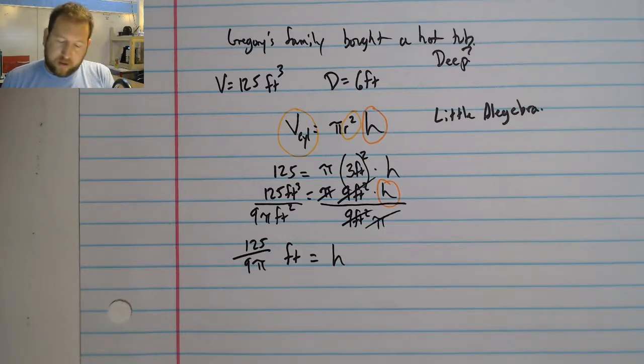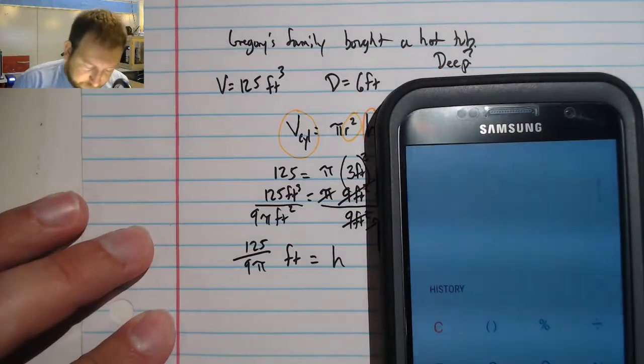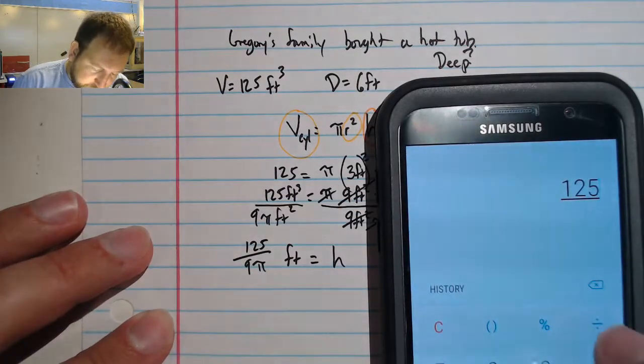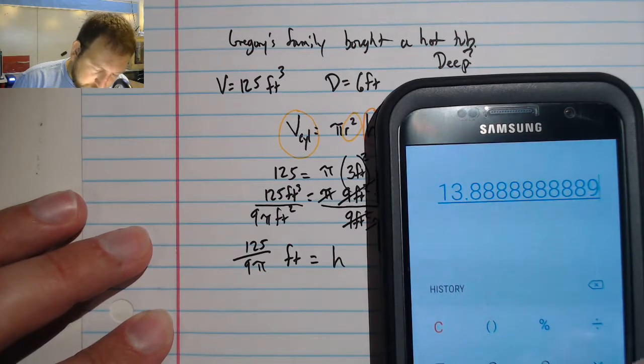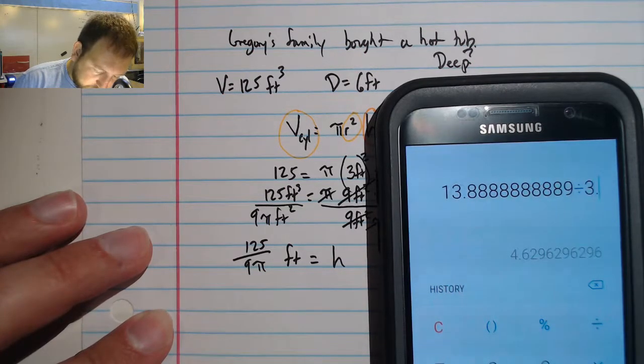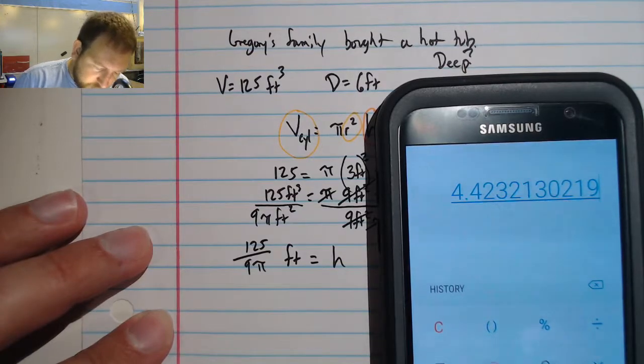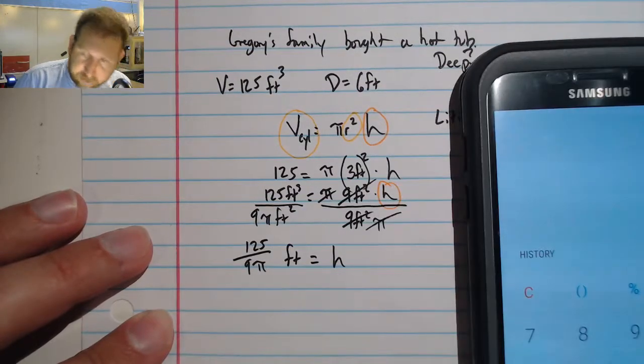125 is not divisible by 9, but in this case, let's take it to a decimal equivalent. 125 divided by 9, and then I can divide by pi, 3.14. I'm going to make sure I'm doing that right.